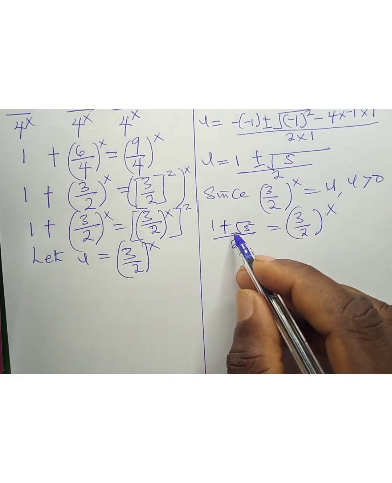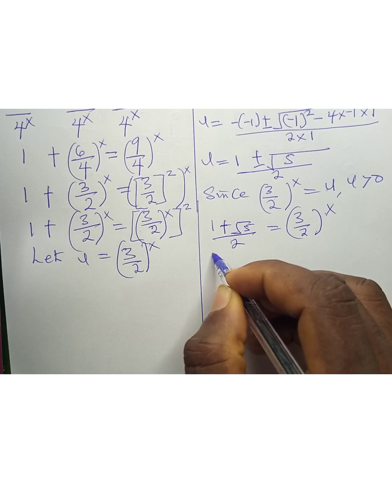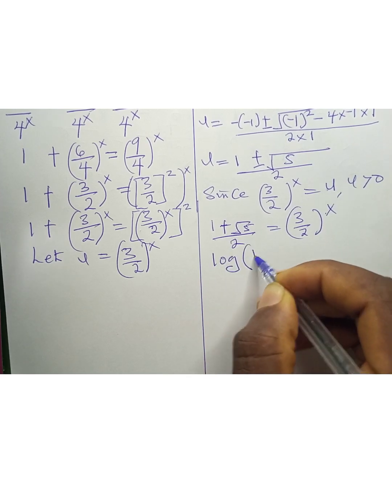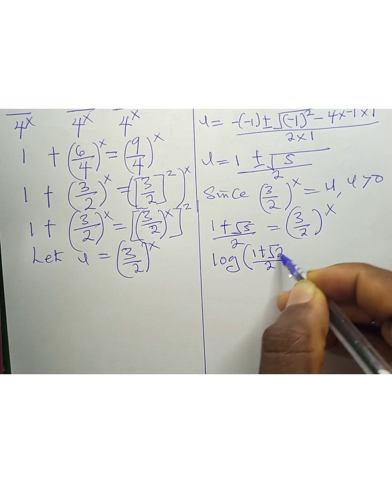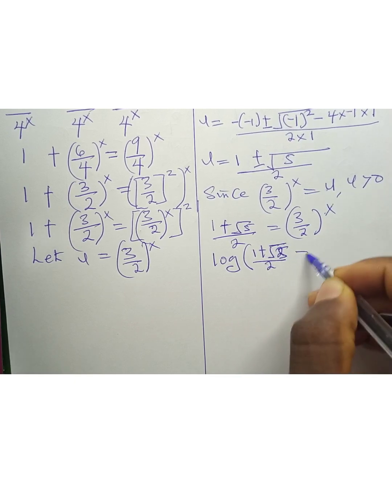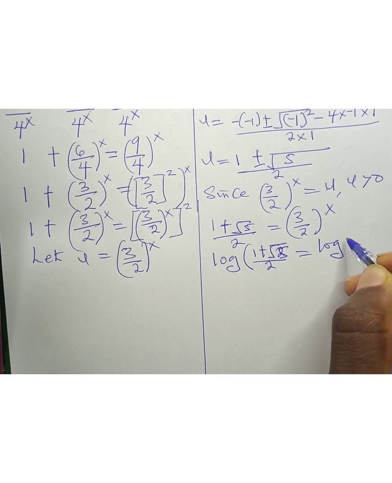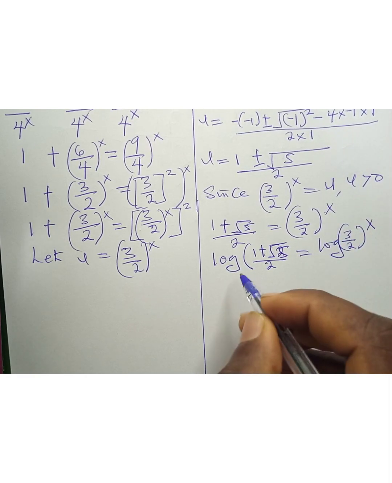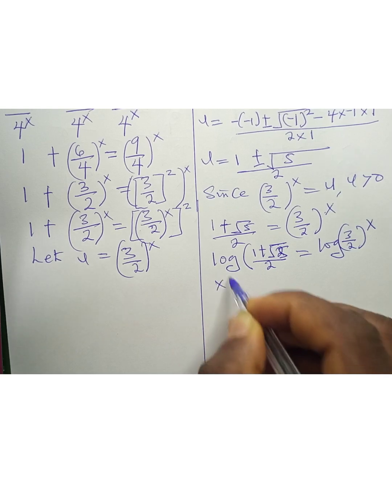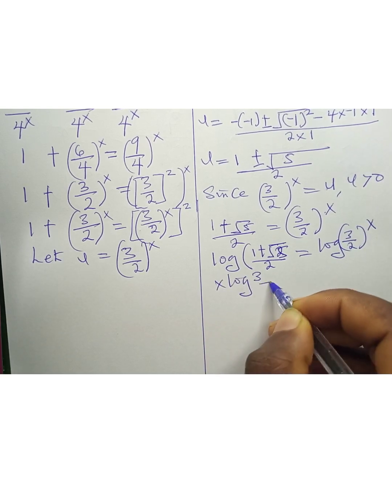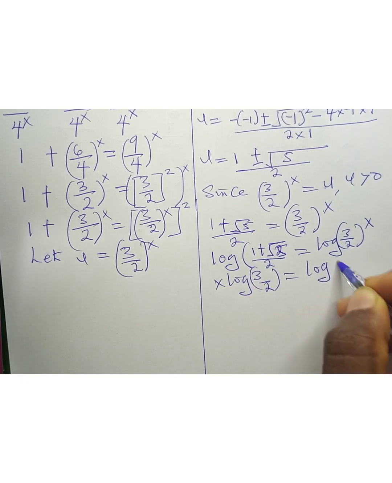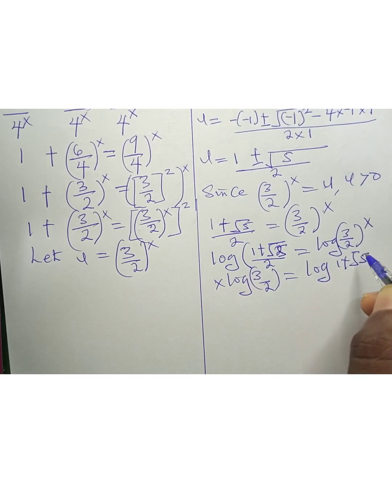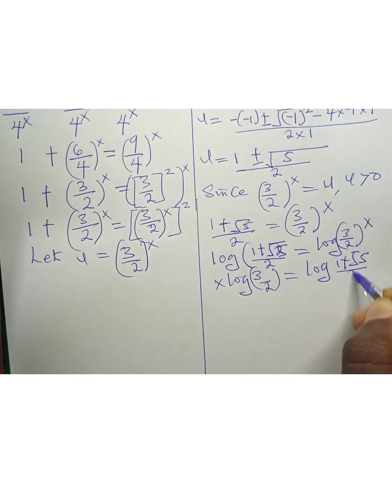If we take the logarithm of both sides, we are going to have the log of the golden ratio, 1 plus square root of 5 over 2, equals the log of 3 over 2 raised to power x. So x log 3 over 2 equals the log of 1 plus square root of 5 divided by 2.